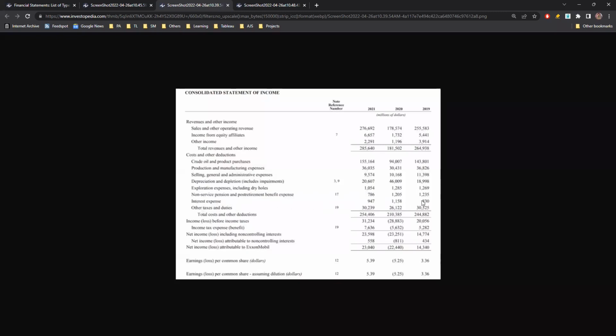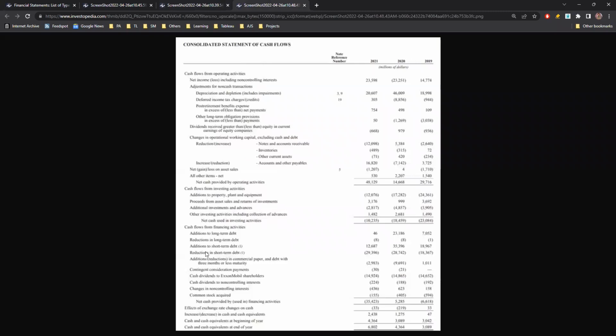While we were looking at it in the last session, we noticed that in 2020 the interest was normally higher when compared to other years. We came to a conclusion that there might have been some increase in short-term debt or something like that, and we can confirm the same with the help of the cash flow statement here.